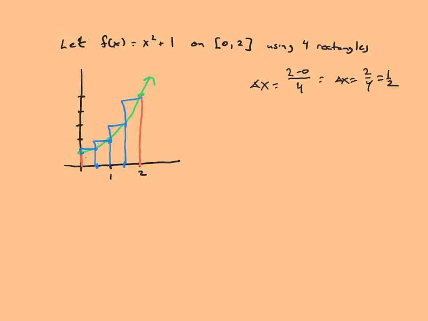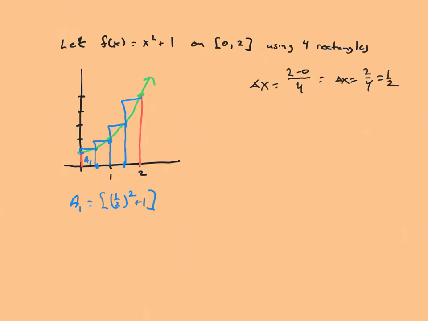And so for area 1, to calculate the height, I'm going to plug in 1/2 into x squared plus 1. So the height is going to be 1/2 squared plus 1.